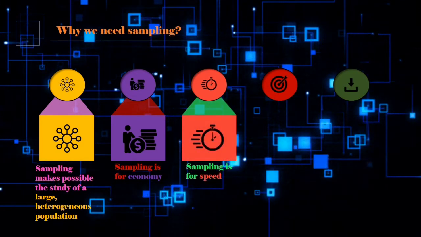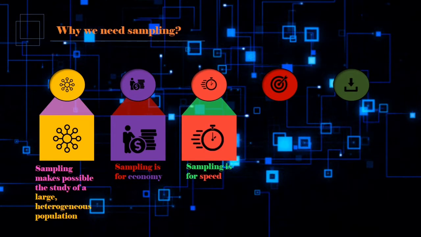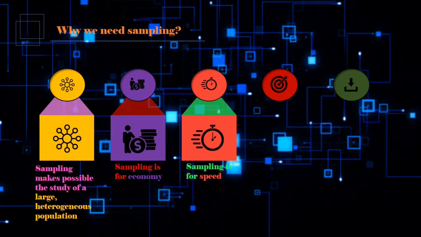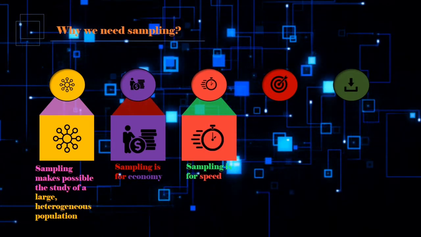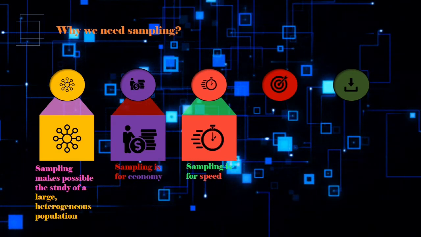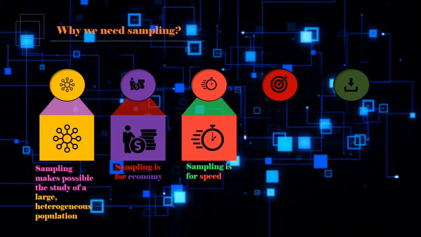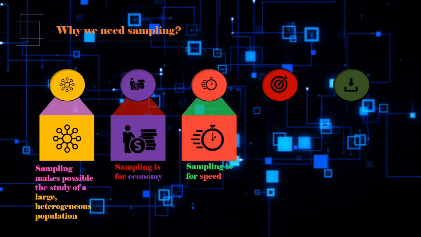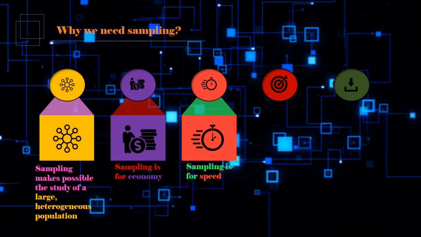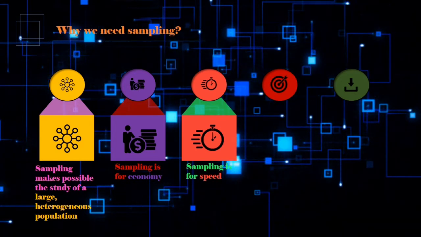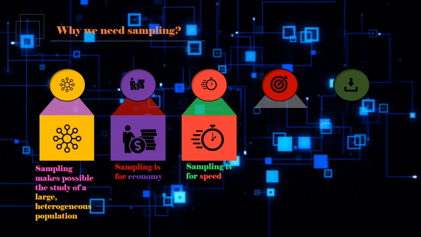Sampling is also for speed. By using sampling, we can do our research work faster compared to when we use the population, particularly where we gather our needed data.